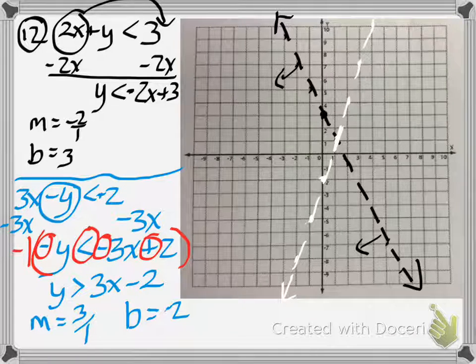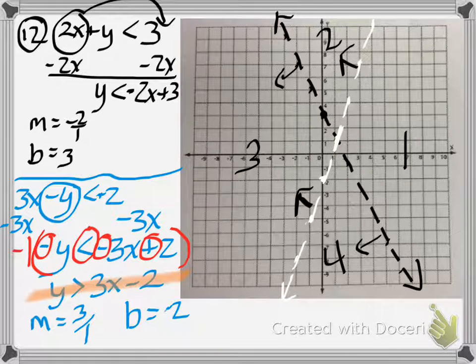We have at the end, when we are looking at the final equation, y is greater than 3x minus 2, because we have it solved for y here, completely. Are we above the line or below the line? Y is greater than, and so we have above. And so I'm going to break it into 4 regions. 1, 2, 3, and 4.